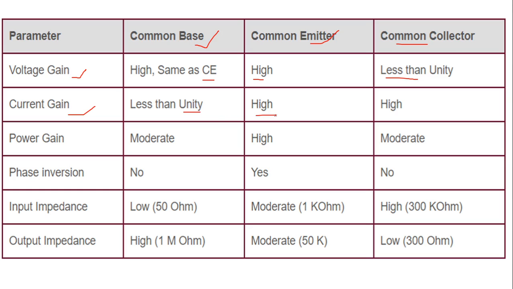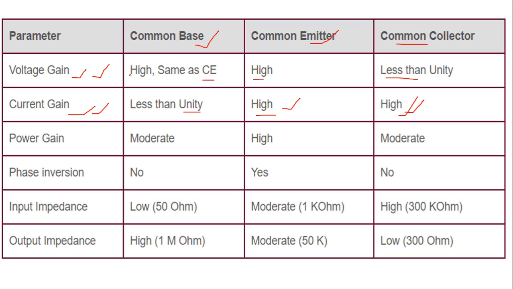In the case of common emitter, the emitter is common, the output is collector current, the input is base current, and collector current is very high, so current gain becomes very high. For common collector similarly it is high, because the output is emitter current and the input is base current. The power gain is the multiplication of voltage gain and current gain.